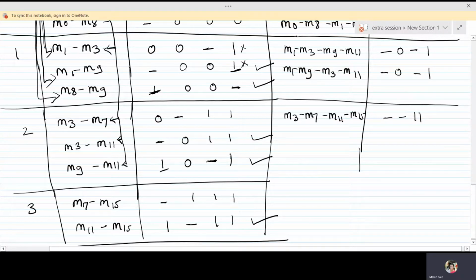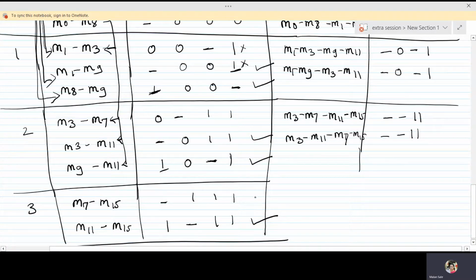Similarly, the next, M3, M11 can be compared with M7, M15 and can make a pair M3, M11, M7 and M15, and the binary representation will be 0 dash dash 11.